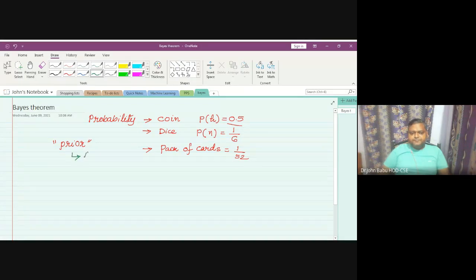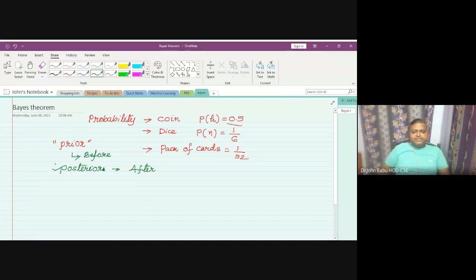Prior, before. What the opposite of this is, posterior. Posterior or posteriori. Posterior means after. So we'll be talking more about posterior probability.